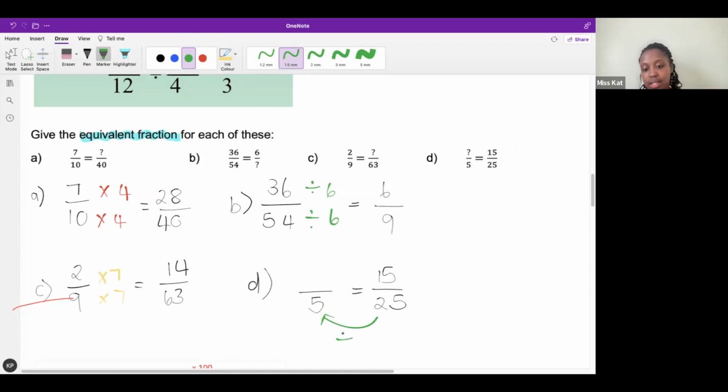I divide it by 5. So then what do I do to my 15? I divide by 5 as well. So what was my original numerator? It was 3. Nice, Wage. Nice to see new names in the chat. Anofani and Jenna. Okay. So these are equivalent fractions.